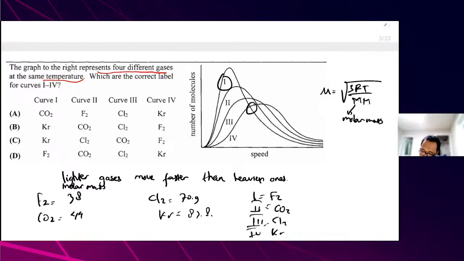The correct choice will be what? So speed is inversely proportional to molecular mass. The higher molar mass, the lower average speed. Therefore, the correct choice will be the curved one.